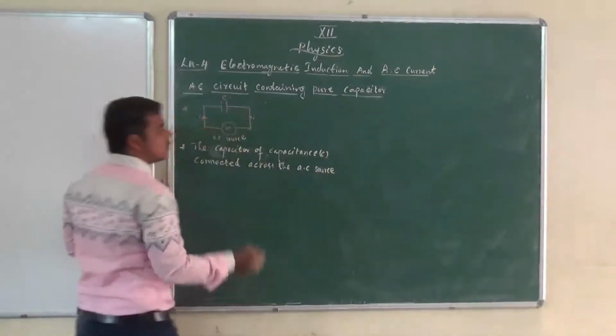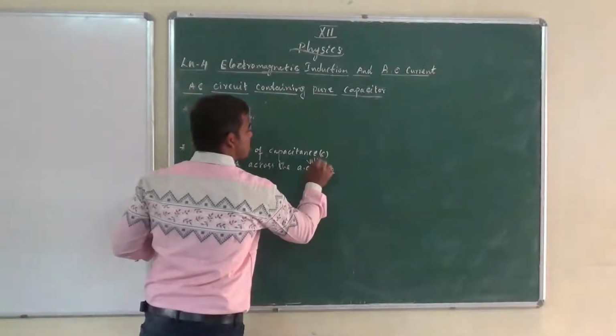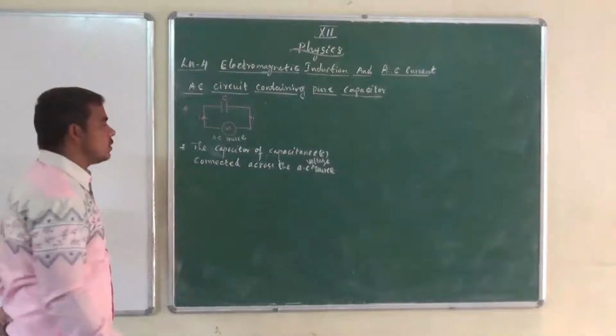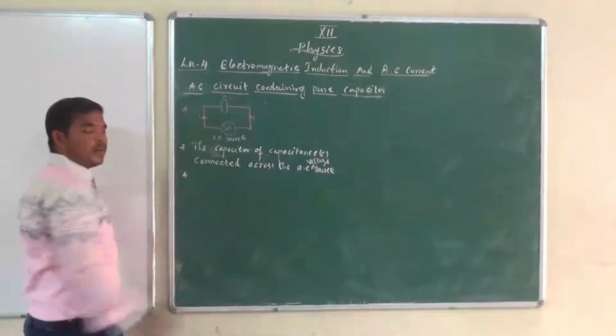AC means alternating voltage source. Where is the alternating voltage source? From the above diagram.